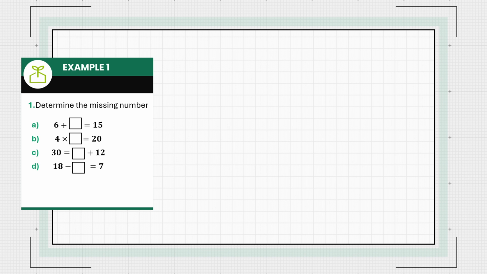We have: determine the missing number. For A, we have 6 plus some unknown is equal to 15. When we're thinking about this logically, we can think by inspection, what's a number that adds with 6 to get us to 15?